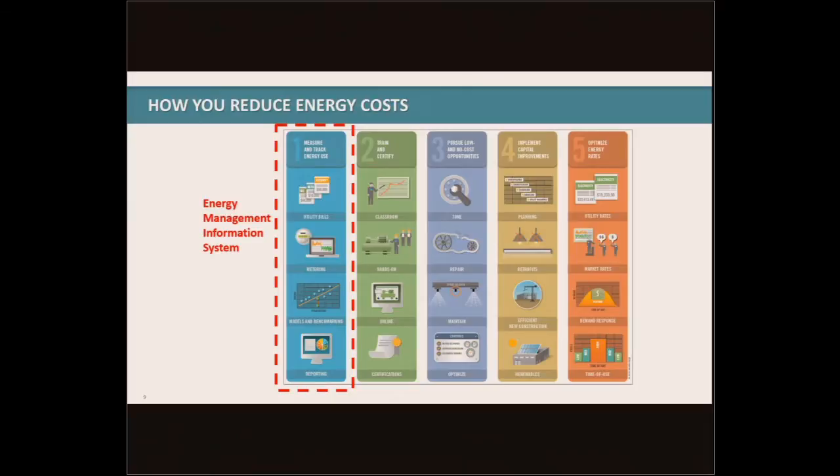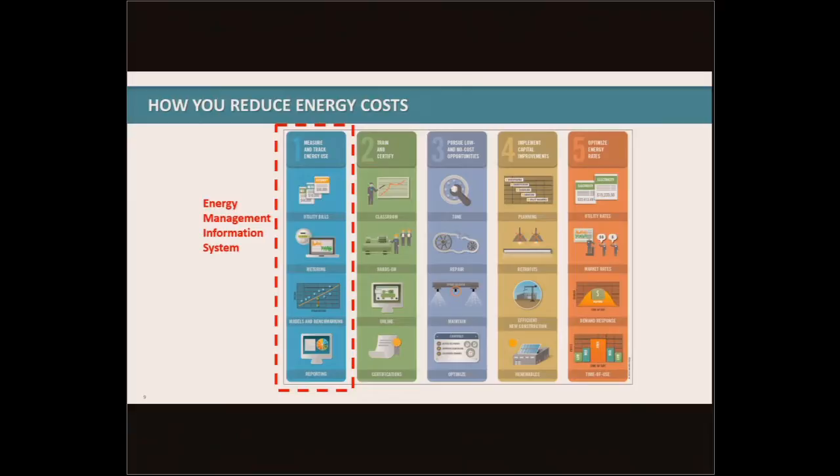The next step is to train and certify our employees, making sure that they have a good understanding of the energy saving principles and how that applies to their job functions. Then we move into phase 3, which is pursuing low-cost, no-cost energy efficiency opportunities. We always want to go after the low-hanging fruit first, the opportunities that cost very little to implement. Once we've achieved all those, then let's start looking at some capital projects.